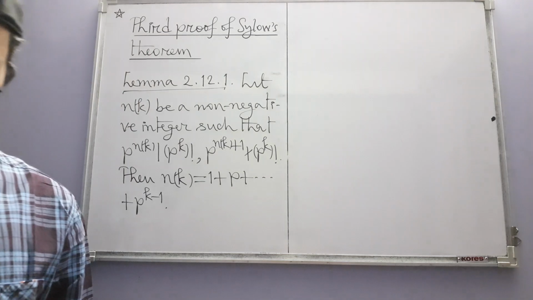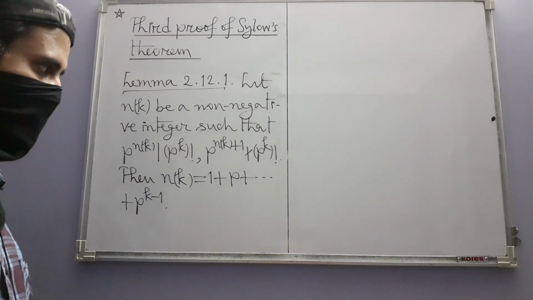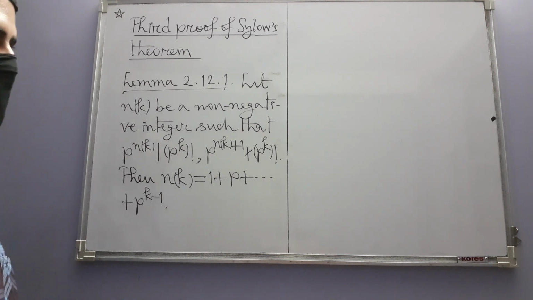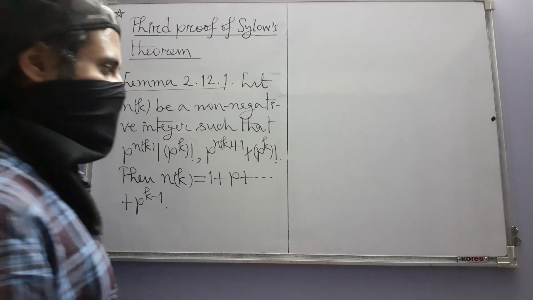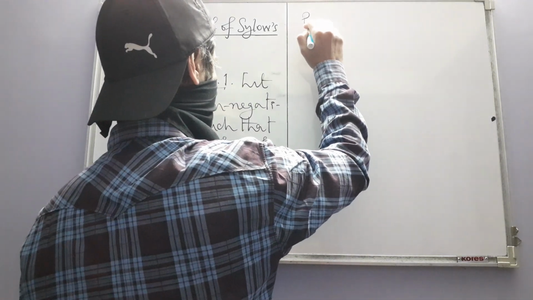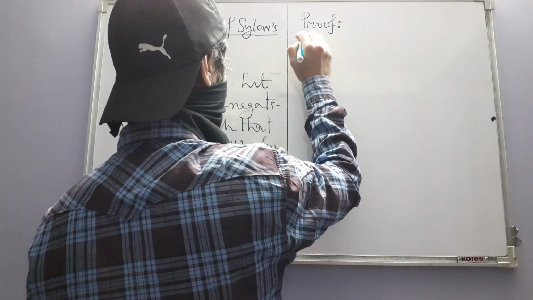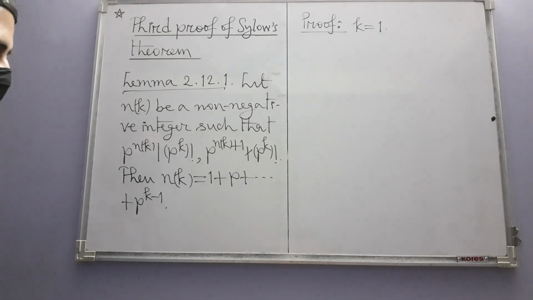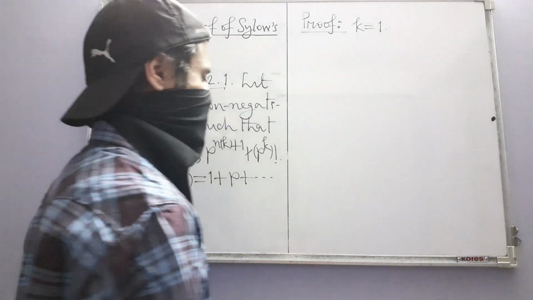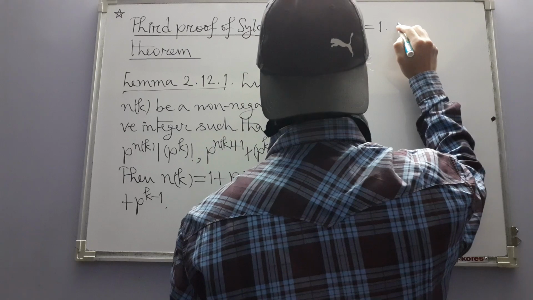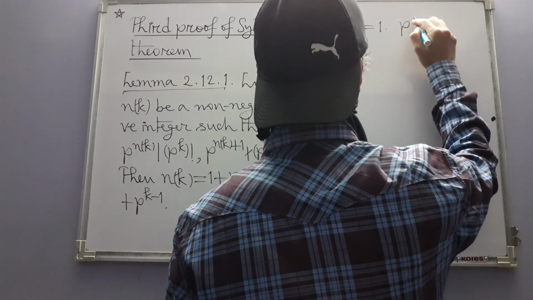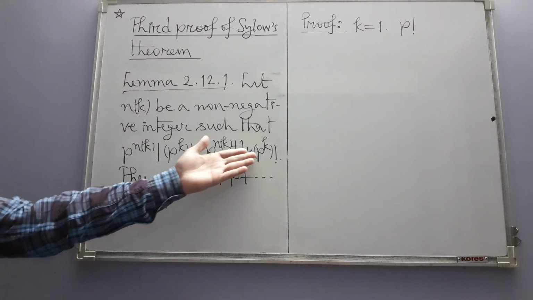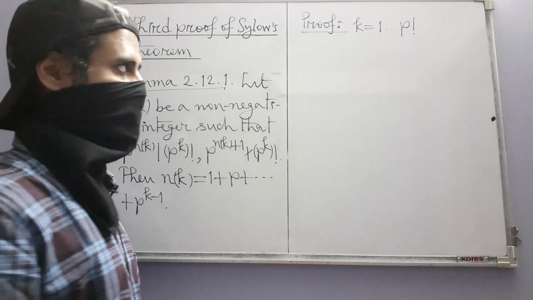In proving this lemma, the first value of k, that is k equal to 1, now assuming that k is positive, it has the least value 1. That is going to be considered first. So let k be 1. Then the actual number is p itself, right?